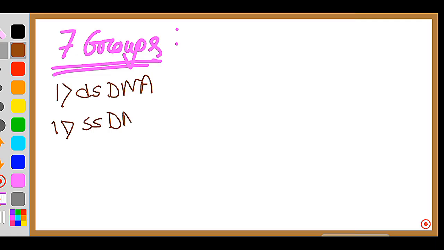So in the Baltimore's classification, the viruses are classified into 7 groups in total. Let's write them down. First group, double-stranded DNA viruses. Second group, single-stranded DNA viruses. Third group, double-stranded RNA viruses.